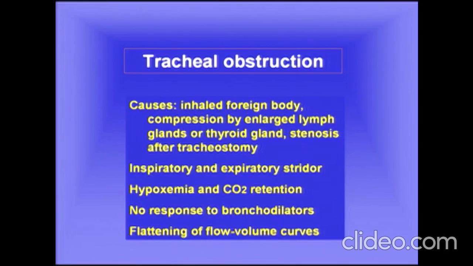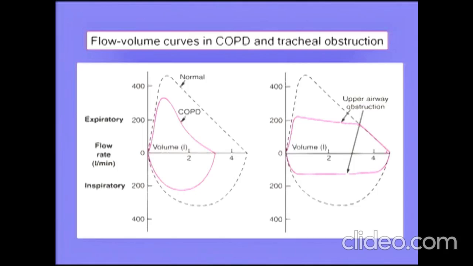And one way of testing for tracheal obstruction is to do flow volume curves, which are shown here. On the left we can see the normal both expiratory and inspiratory flow volume curve, and we can see the curve for COPD with its scooping out here, which is characteristic of COPD, and the inspiratory curve is also affected, though not as much as the expiratory curve.